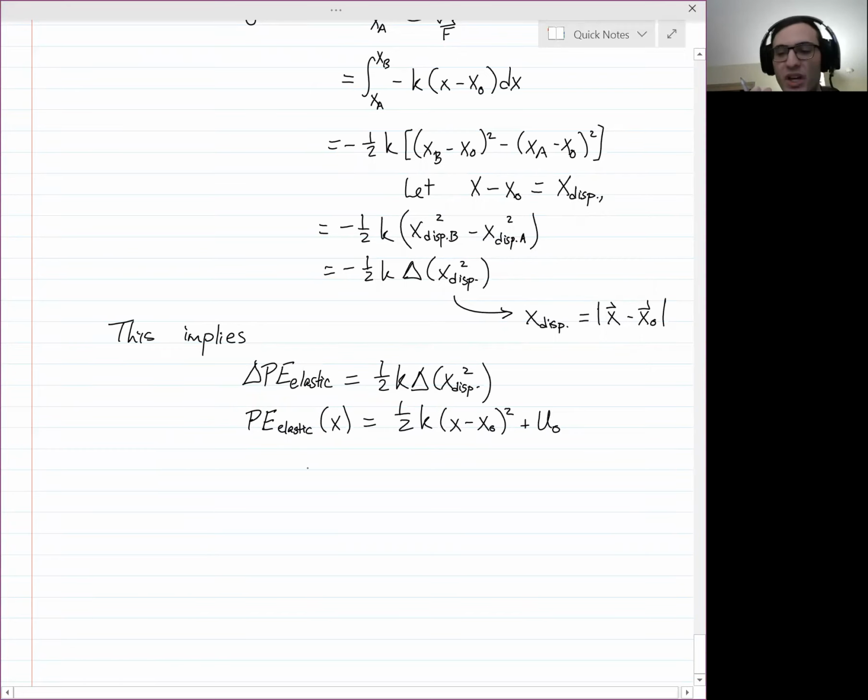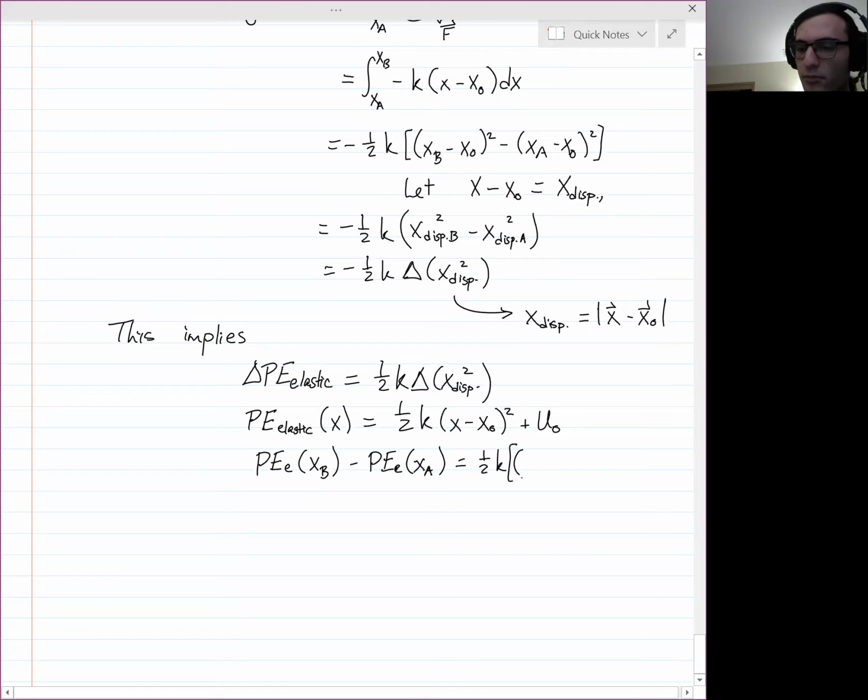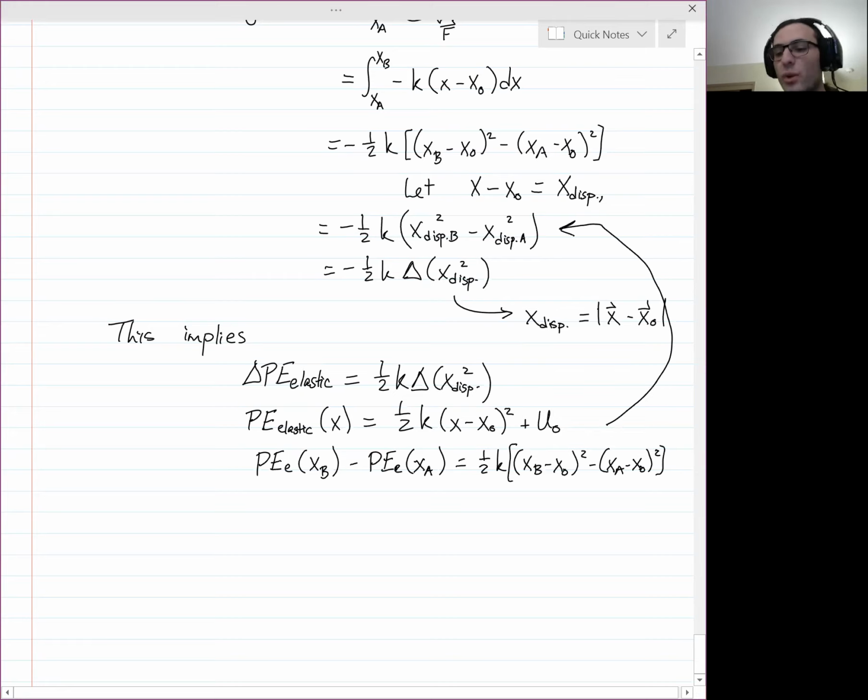We can check that if you take the difference, say if we do PE elastic, I'm just going to abbreviate PE sub E, of XB and subtract it from PE sub E of XA, we would get 1/2 k times (XB minus x naught) squared minus (XA minus x naught) squared. And the u naughts will cancel out. And the point is that this matches what we had up here, up to a minus sign, which is what we expect. This is delta PE elastic.